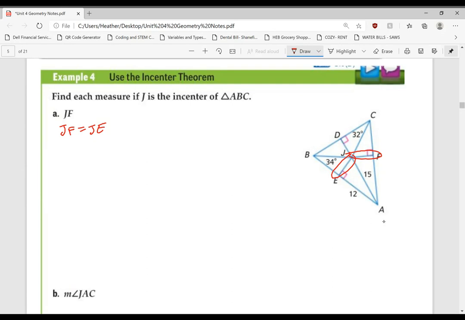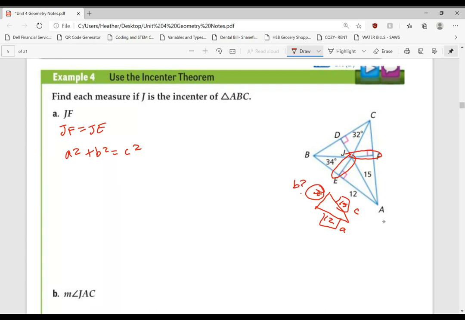This is a triangle, so let me draw this out here. JE is this. This is 15 and this is 12. We're going to use the Pythagorean theorem, which is a squared plus b squared equals c squared. We have c because that is the hypotenuse. We have a, and we're missing b.